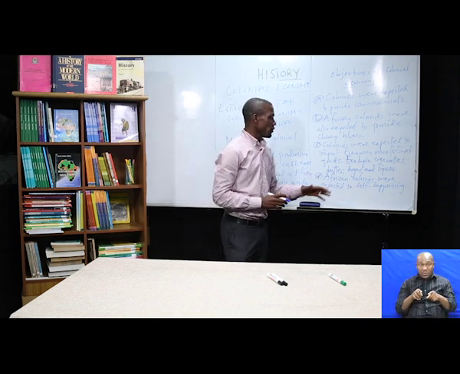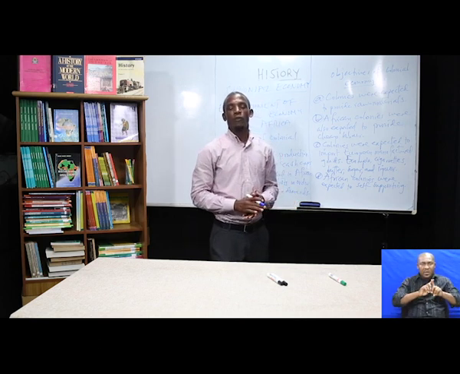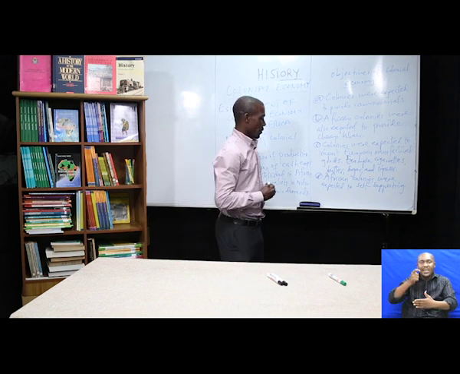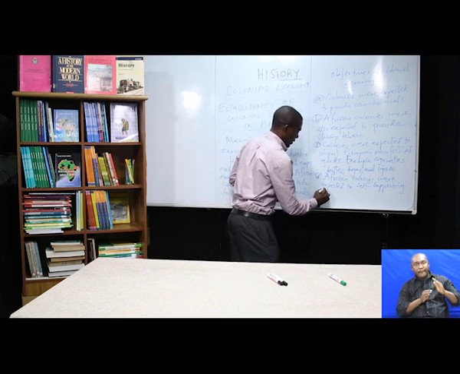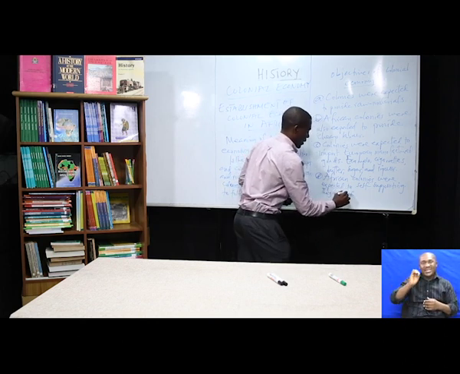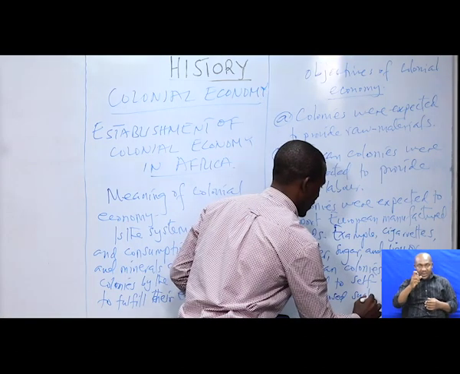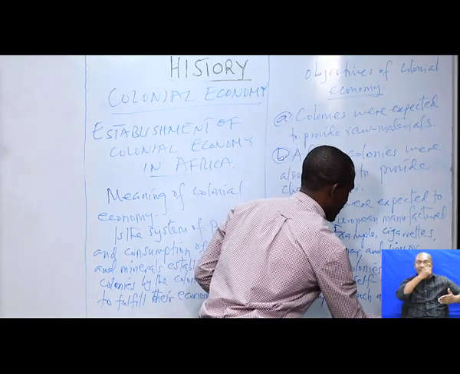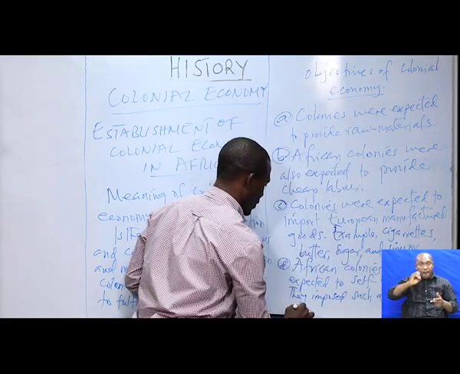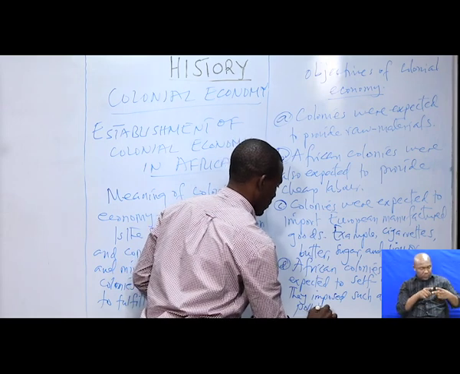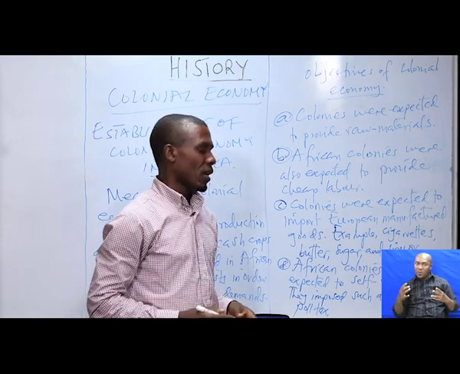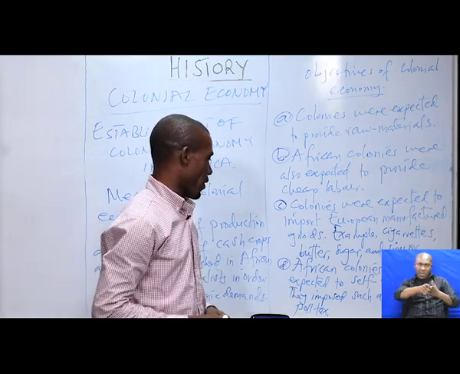And this could be achieved through imposition of different forms of taxes on Africans. For example, they imposed taxes such as hut tax, poll tax or head tax, which had to be paid by every adult African male.